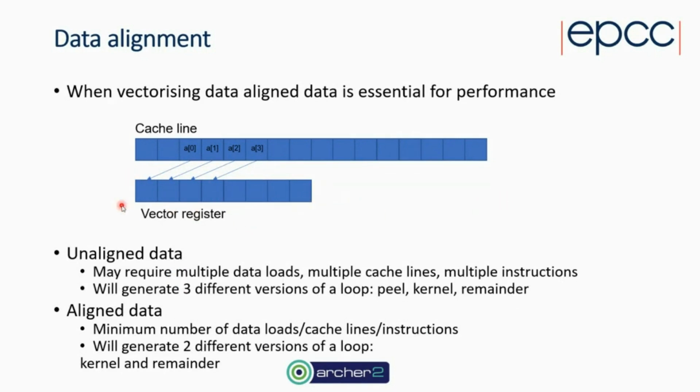So say our cache line is 8 elements long and our vector registers are 4 elements long. If I load up my data and my data starts on a cache line, then I can do my first load from here and then my second load from here, and I don't have to do any extra work.